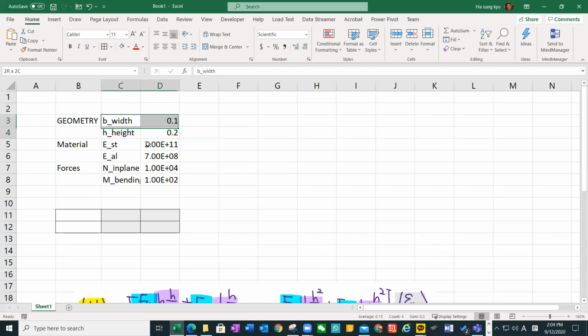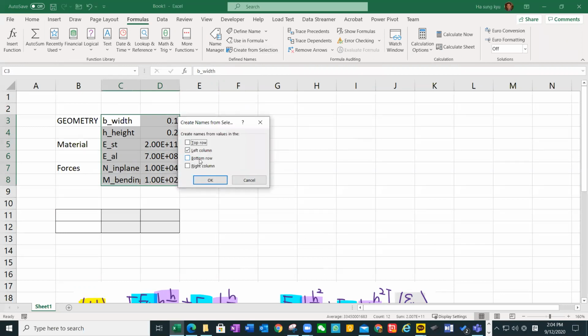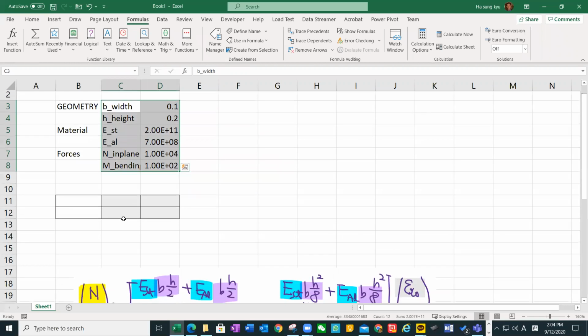So we have this series of names. The easy way to assign the name to each column is to just select like that and choose from selection to name. So it automatically detects the left column to be given as the name. So say okay.